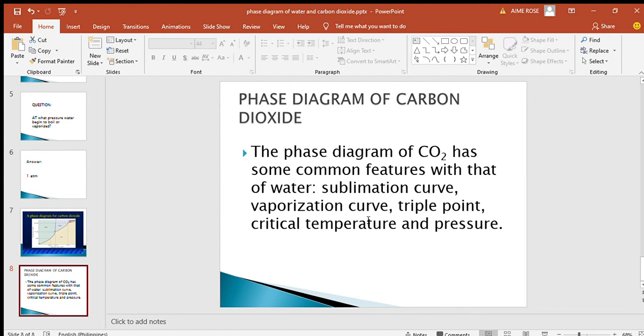It has a sublimation curve, vaporization curve, triple point, critical temperature, and pressures. So this is a brief explanation of the phase diagram of water and carbon dioxide.